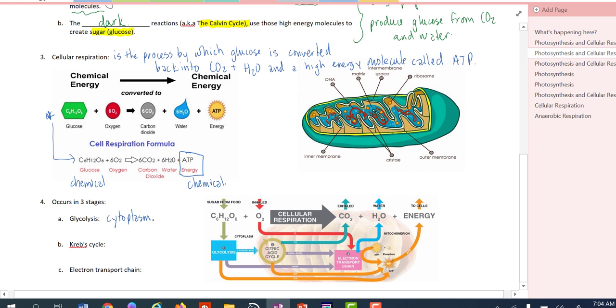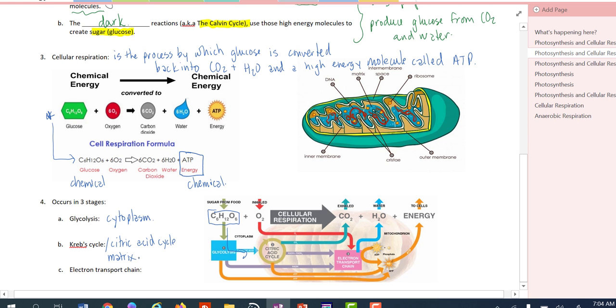I'll briefly highlight what happens here in the picture, but essentially our glucose is broken down into a molecule that then enters into the mitochondria, and the Krebs cycle occurs, which is also called the citric acid cycle. And this occurs inside the matrix of the mitochondria.